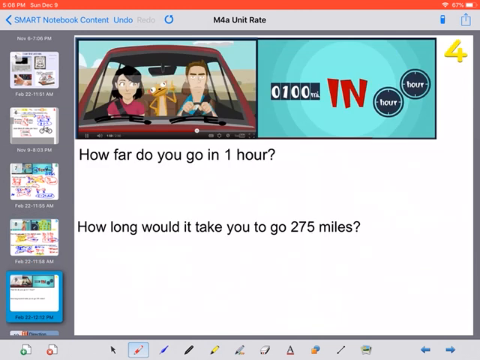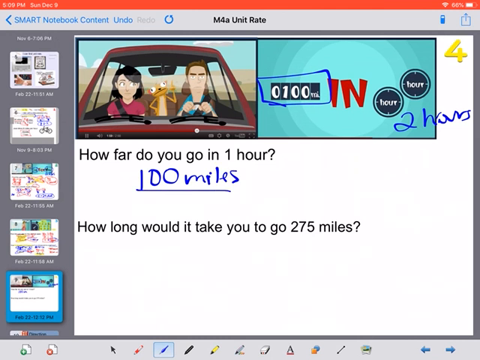All right, last question. Here we're driving in a car and we're going 100 miles in 2 hours. So how far do you go in 1 hour? We want to know how many miles you could go in 1 hour, our unit rate, with a denominator of 1.